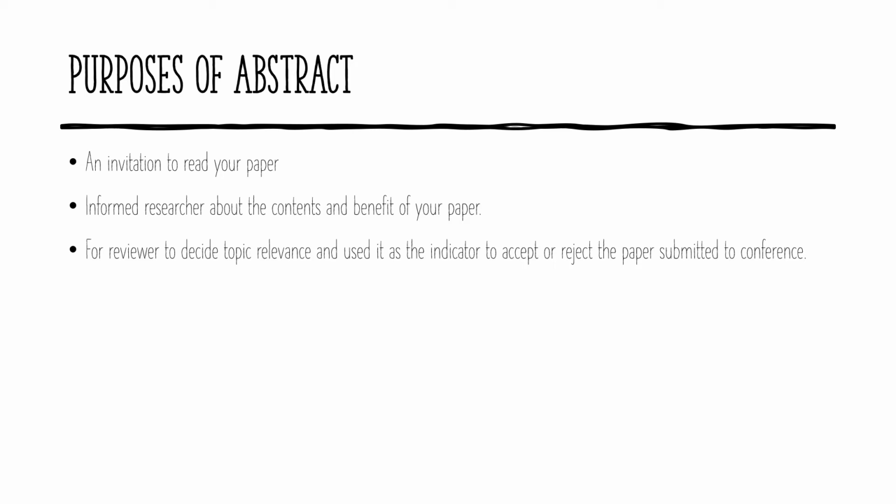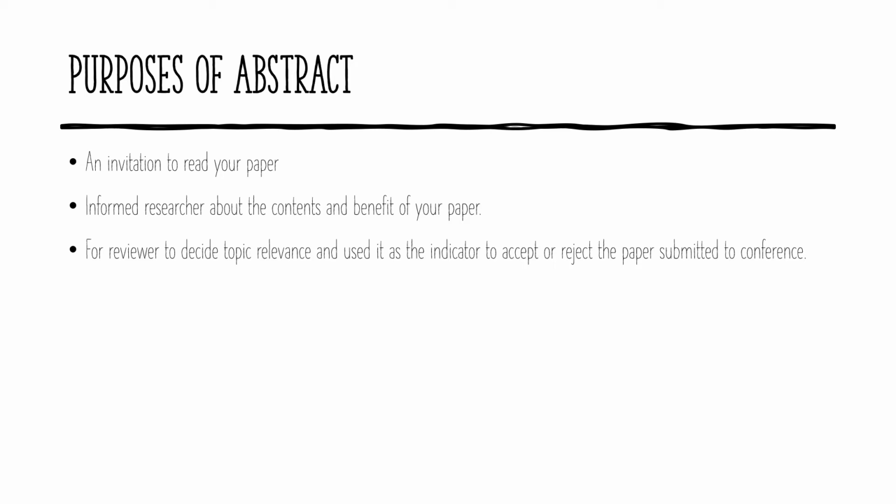So it informs the researcher about the content and benefits of your paper. In the abstract, you also tell what the content of your project will be, as well as the benefits of the paper that the reader can get.